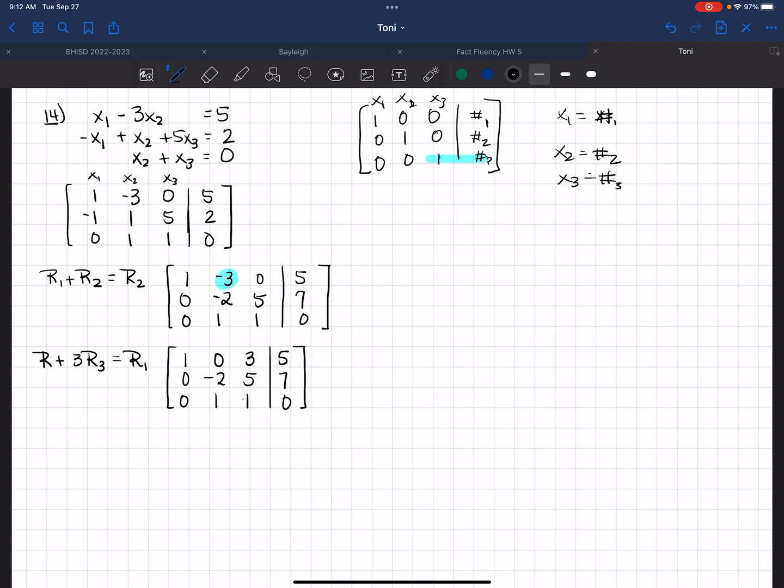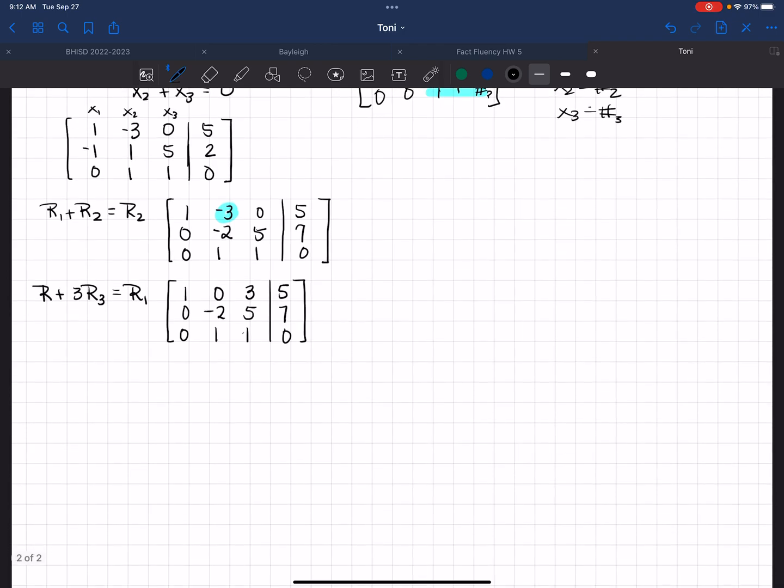So the next thing I go is, well, since I know I don't have to get it all the way to reduced row echelon form, because you haven't learned that yet, it just says solve the system. So I'm solving the system as best I can. I decide I'm going to get rid of this. Because if I can get rid of that, then that just leaves me one answer in X3, and then I'll have an answer in the answer column.